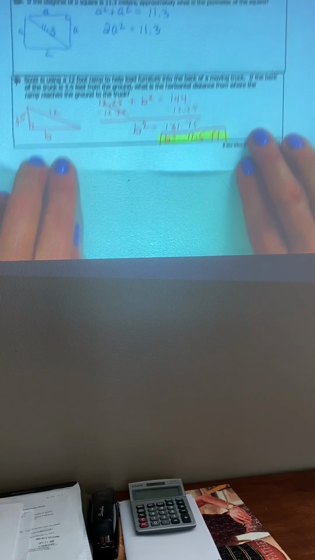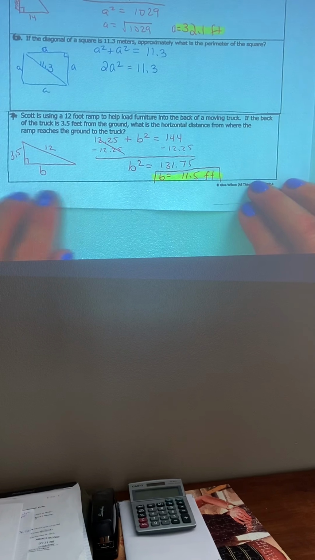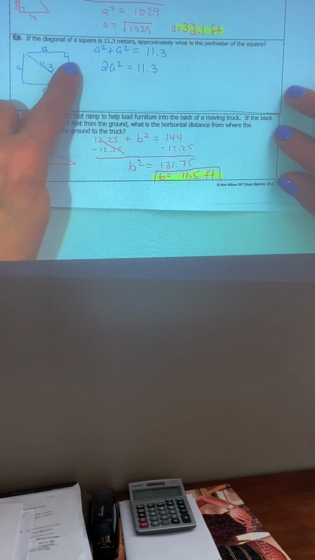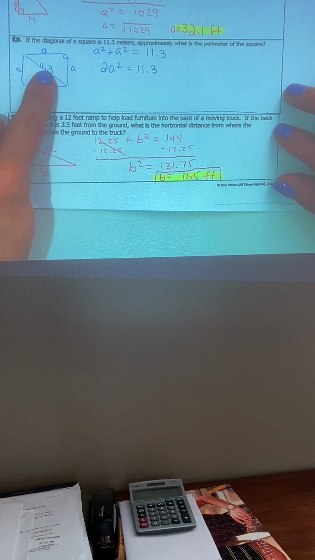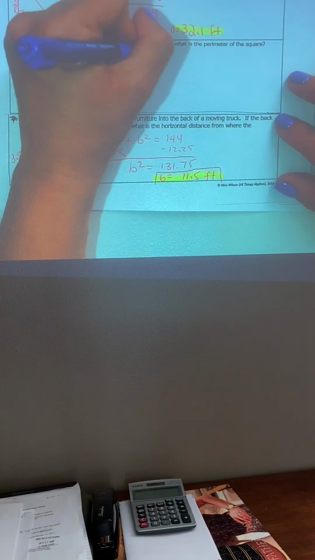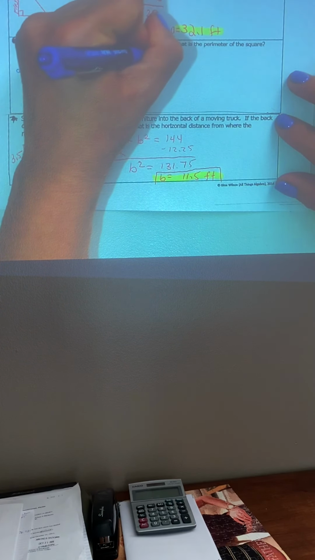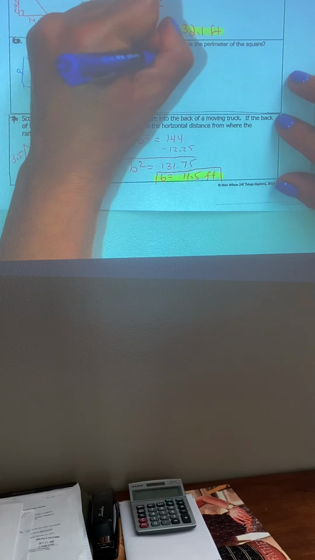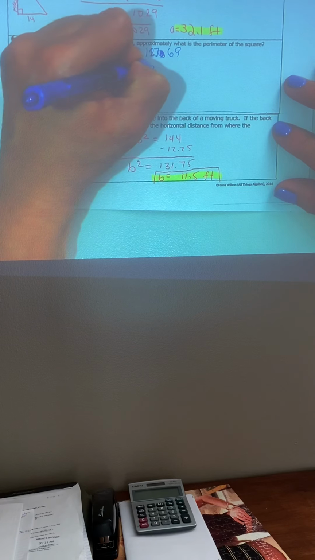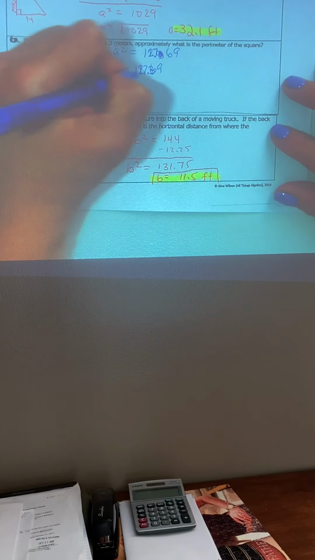Okay, let me go back to this problem because I realized that I did it wrong. If the diagonal of a square is 11.3 meters, what is the perimeter? So I have a squared plus b squared equals 11.3 squared, which is 127.69. So I get 2a squared equals 127.69, and I have to divide by 2.